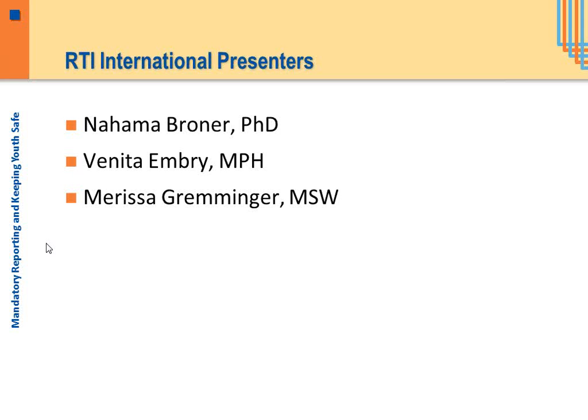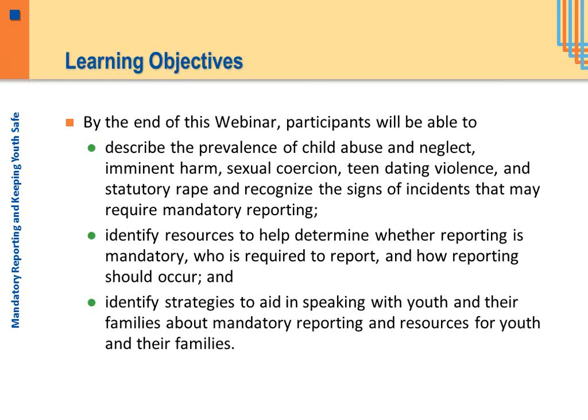Today, myself, Nahama Broner, and Vanita Embry and Marissa Greminger, who are part of the training and TA team from RTI International, will be presenting. The learning objectives, which you had received, will be for today to describe the rates of child abuse and neglect, rates of imminent harm, meaning suicide, sexual coercion, teen dating violence.